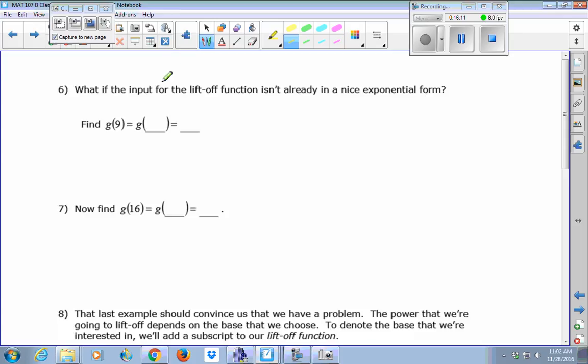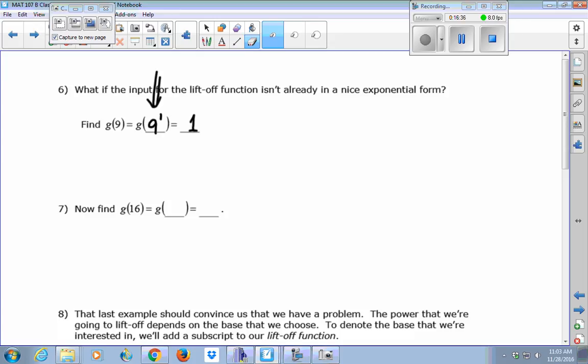The input, remember, this is the input into your g function. What would you put in there? 1? Just number 1 like that? Oh, 9 to the 1. Oh, okay. Now I got you. All right, so I'm going to put in 9 to the first power. So g says lift off the exponent. So my answer is 1. Okay.